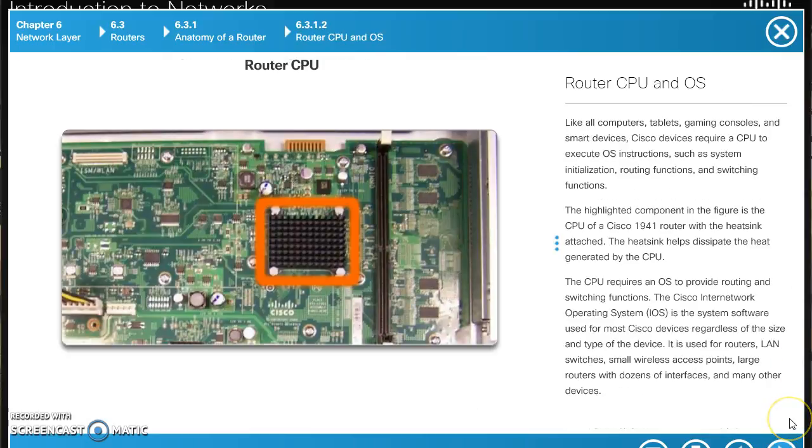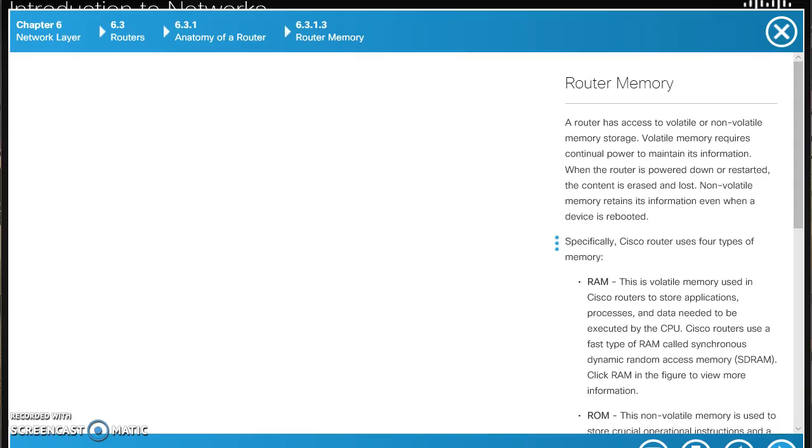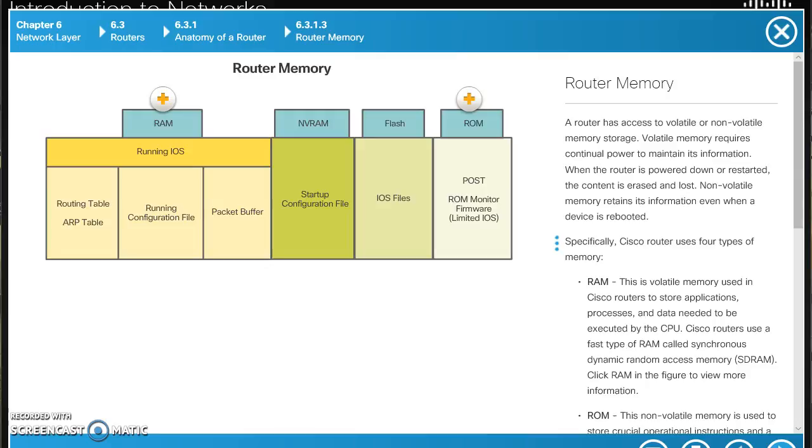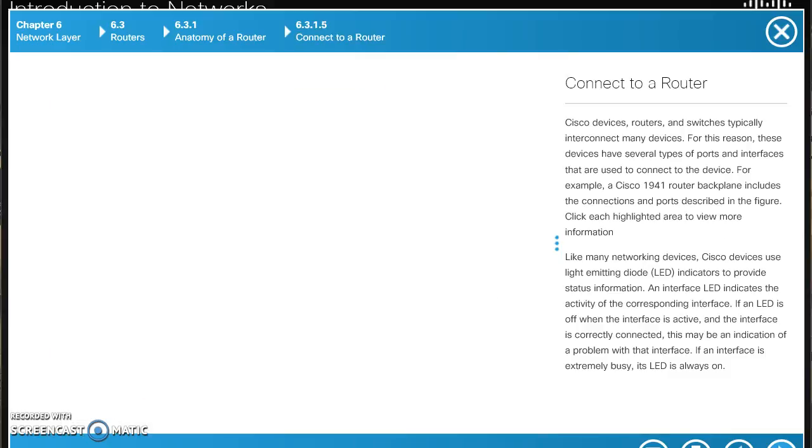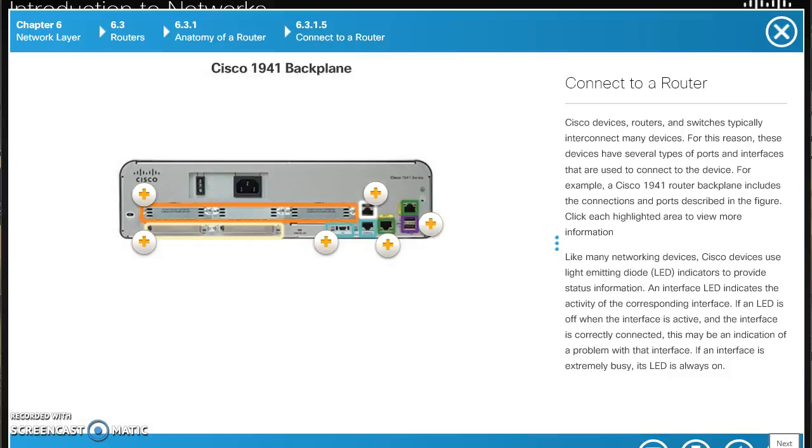And a router, it's much like a computer. It has a CPU, it has an operating system, it's built upon memory. And so to connect a router, you have your various ports, whether it's Ethernet or a service card that you would install into the router.